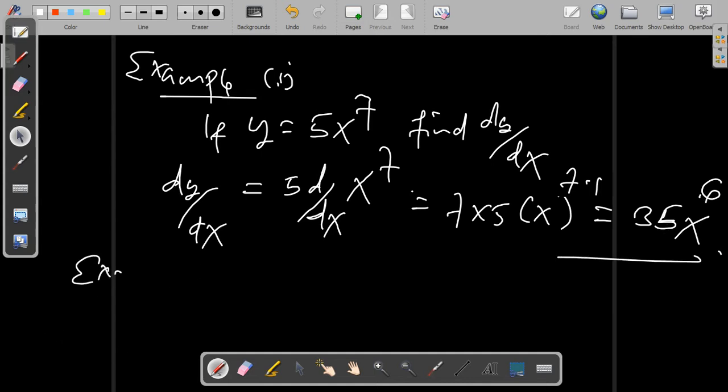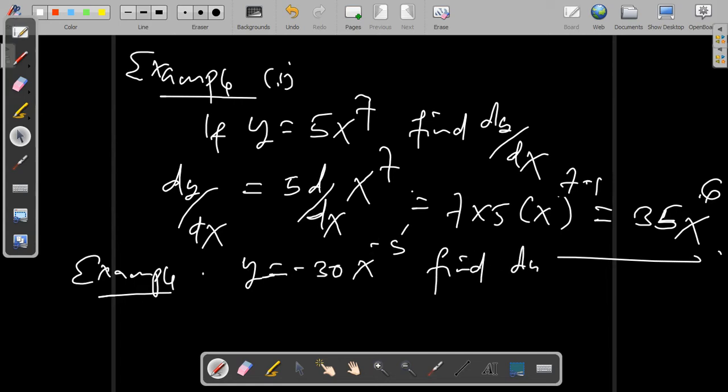For example, example 2, let's consider y is equal to negative 30x raised to the power of 5. Now you're required to find dy over dx by using the derivative of a product of a constant and a function.